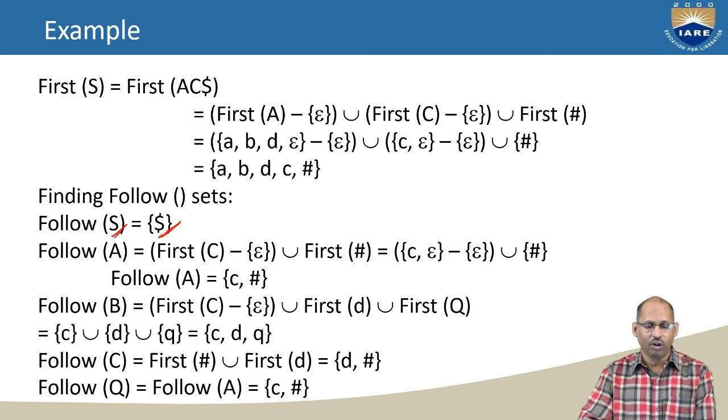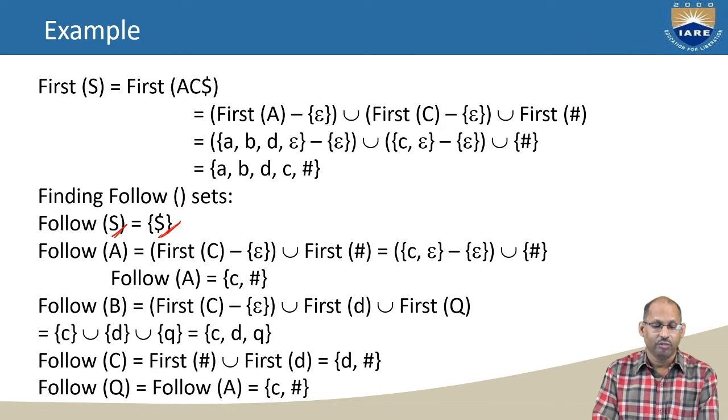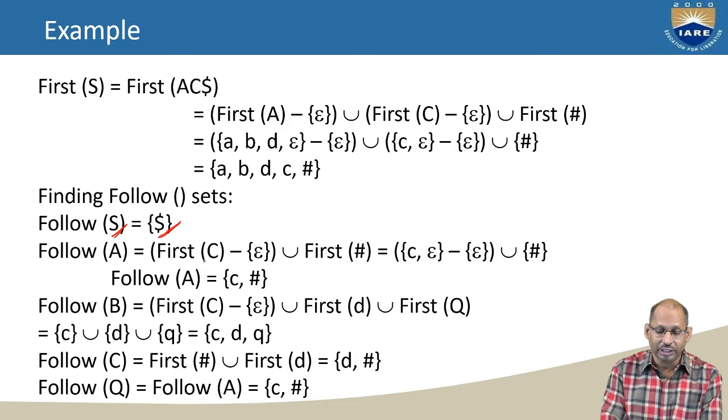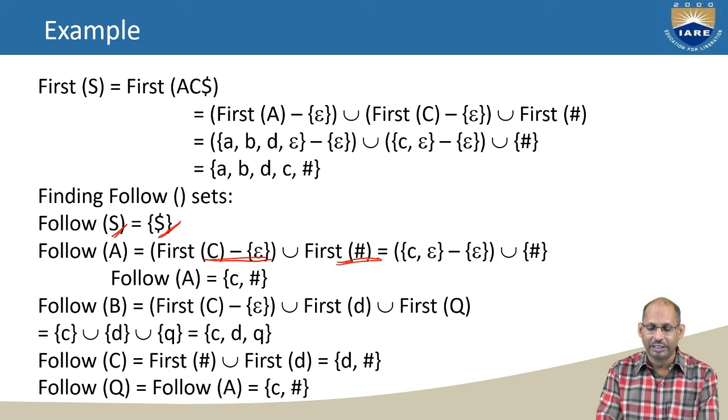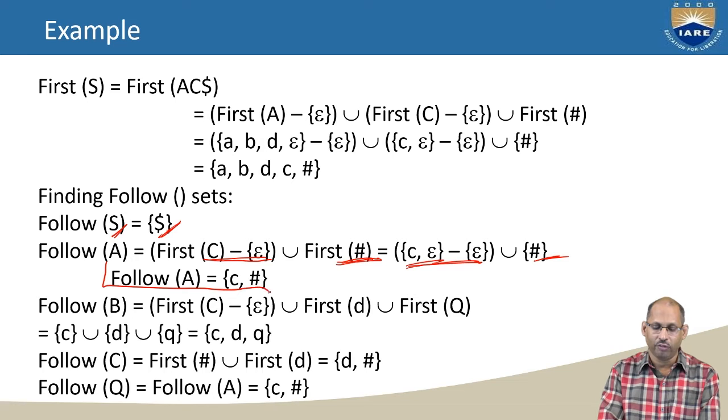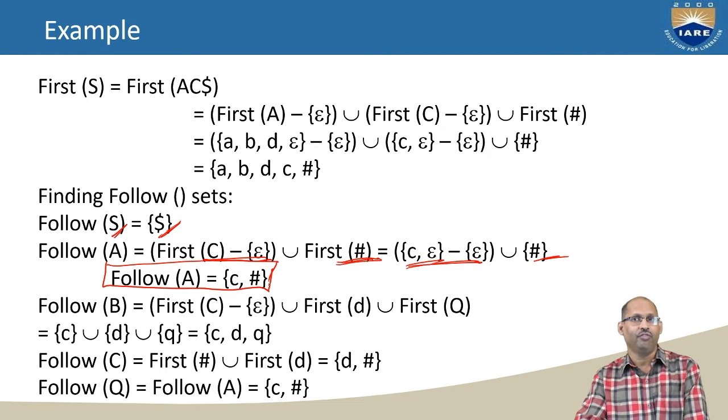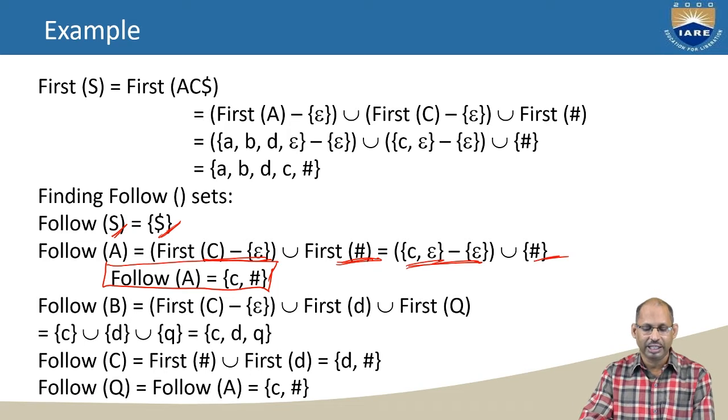So follow of A is first of C. But what is the first of C? It has epsilon. Since it has epsilon, we have to consider hash also. So C minus epsilon and hash. So finally follow of A is C hash.